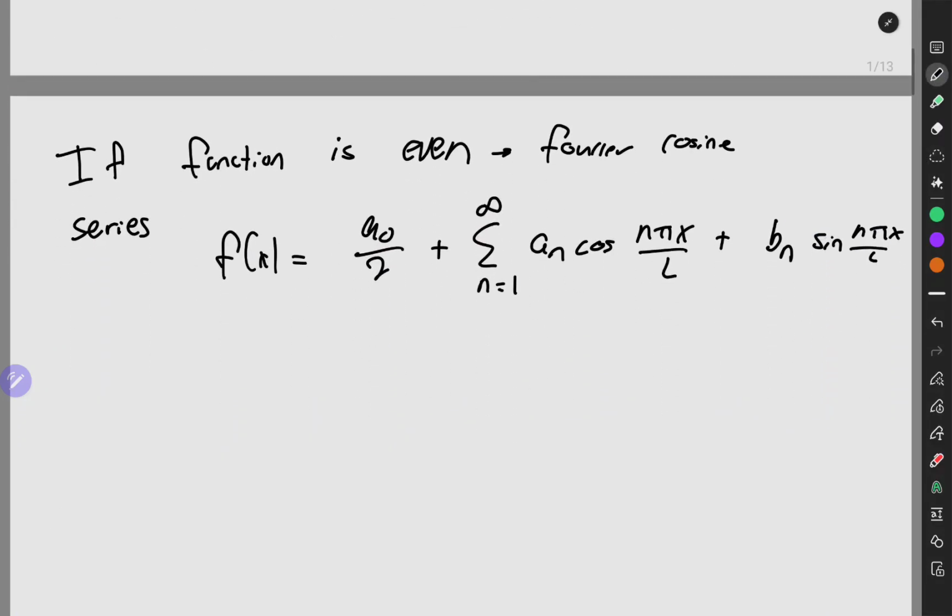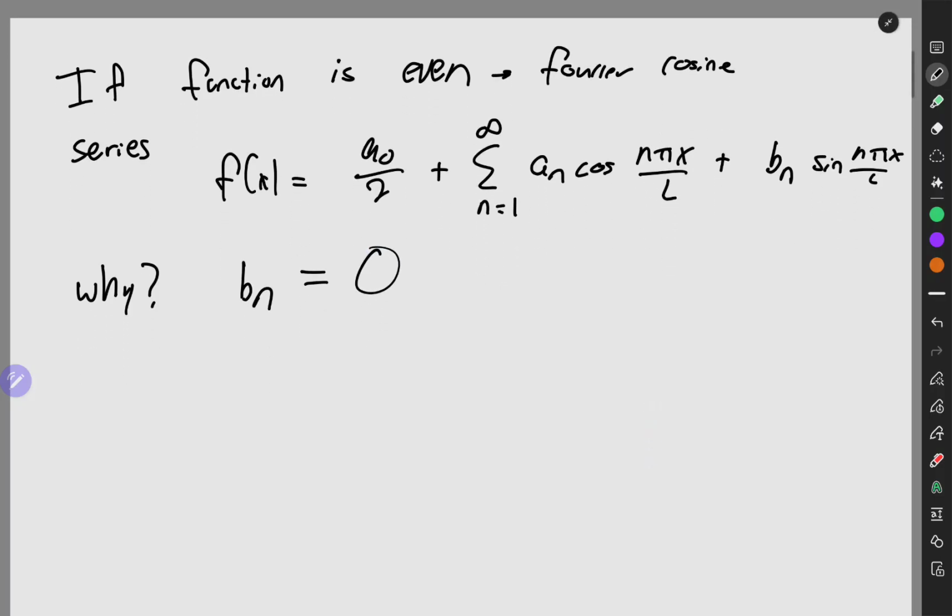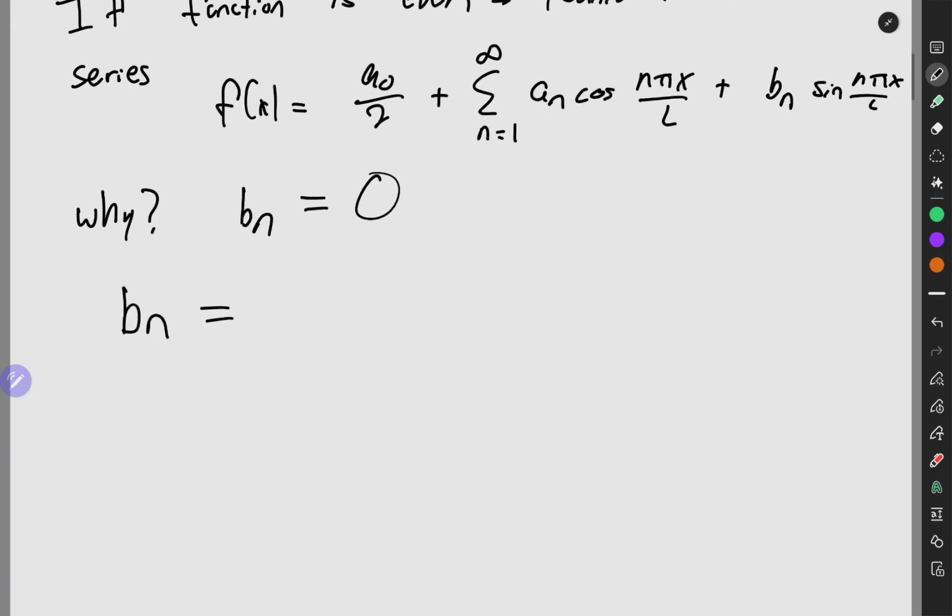Why cosine? Well, b sub n goes to 0. Because we know b sub n is 1 over L, integral from negative L to L, f of x sine n pi x over L dx.